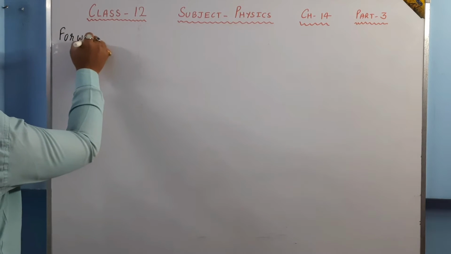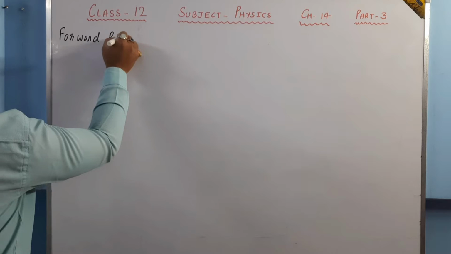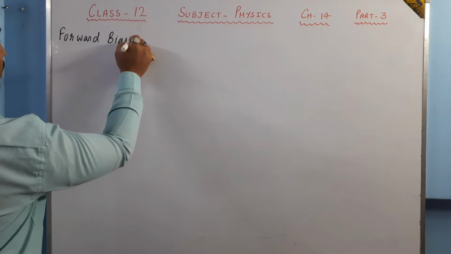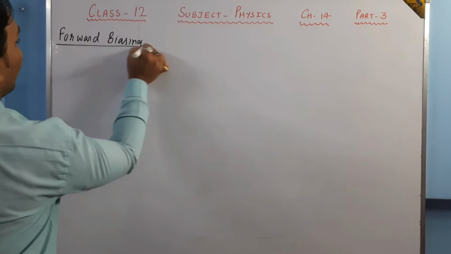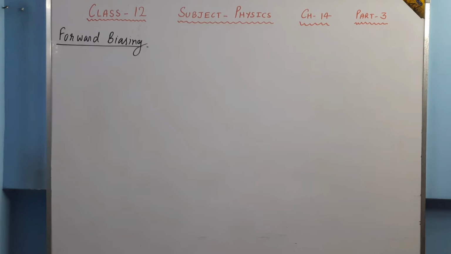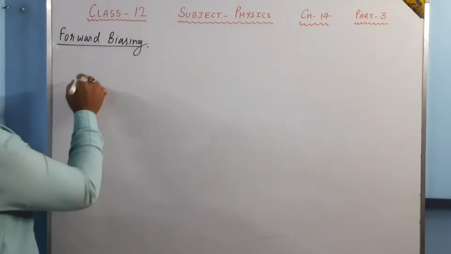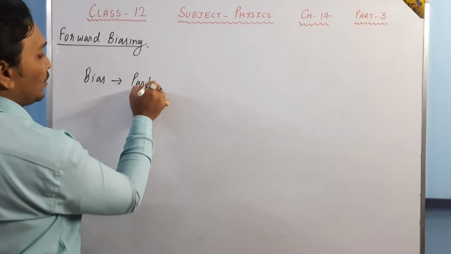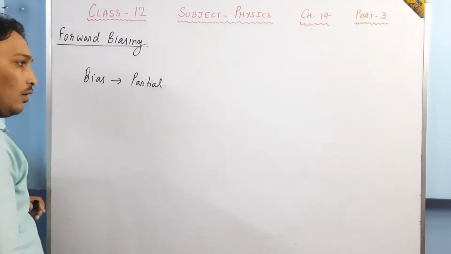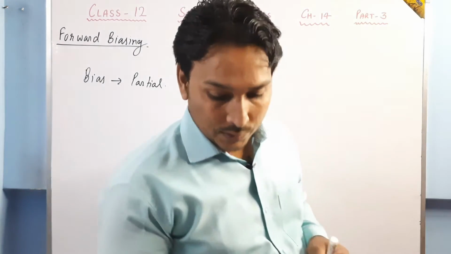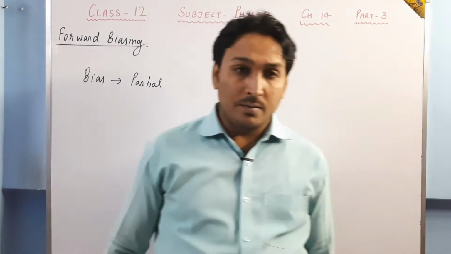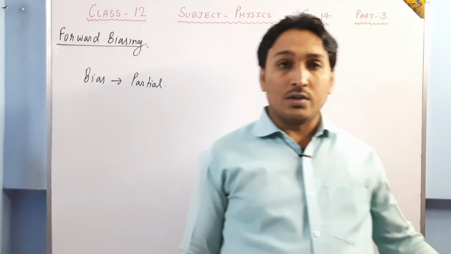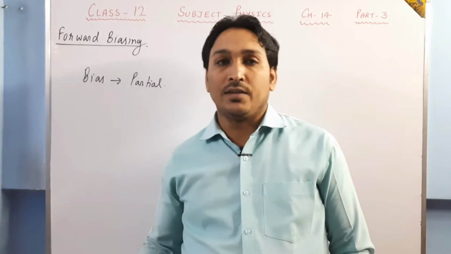The next thing we are going to understand is forward biasing. Now just try to understand what is meant by biasing. This word bias actually means to be partial. Like students always think that teachers are biased towards good students.